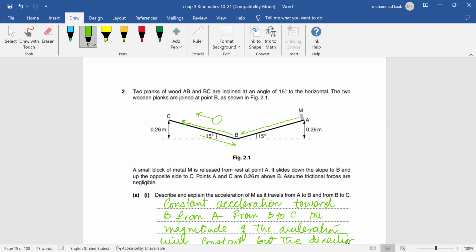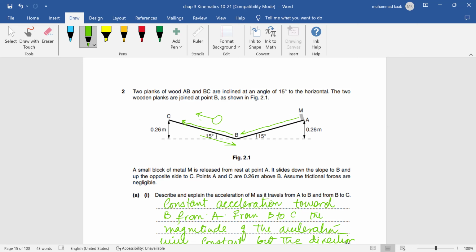Sir, I didn't say this. Then what did you say? I said from A to B the velocity increases, then from B to C the velocity decreases. The velocity decreases, right? Yes. Okay.